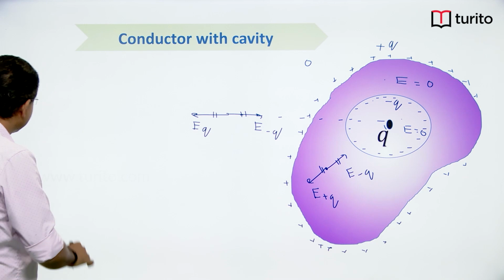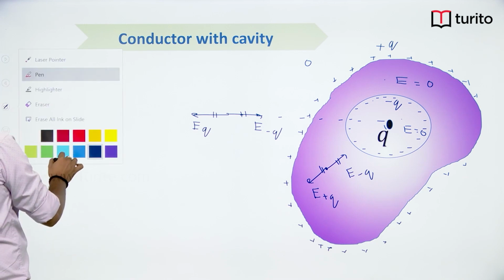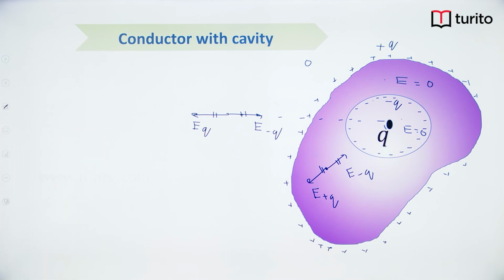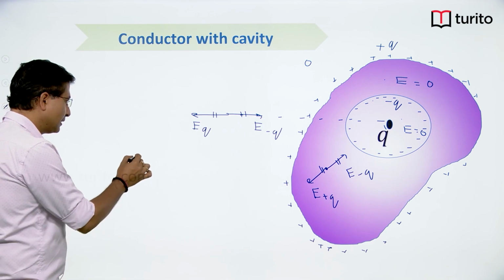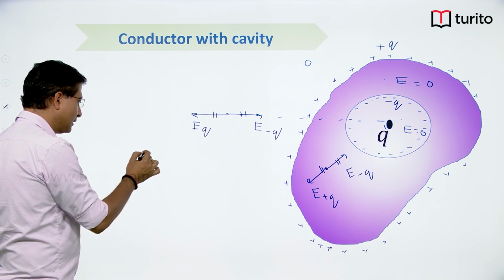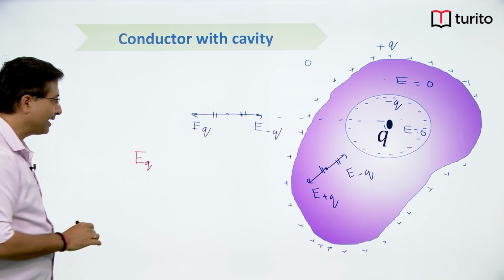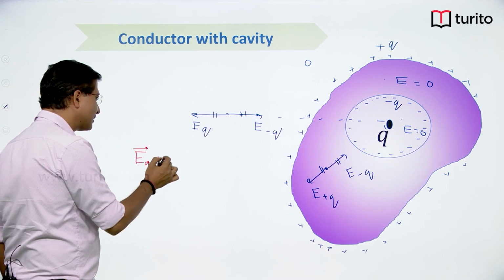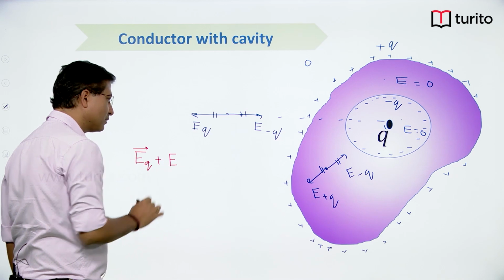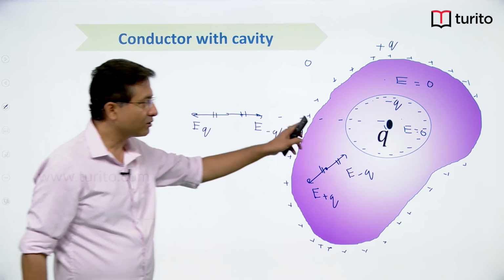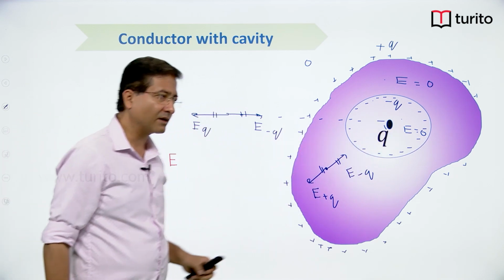Let me write these 2 points so that it is more clear. So, what I am saying is the electric field produced by Q and the electric field produced by minus Q, that is, the charge on the inner surface of the cavity.